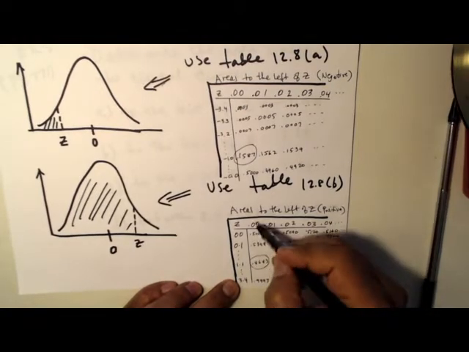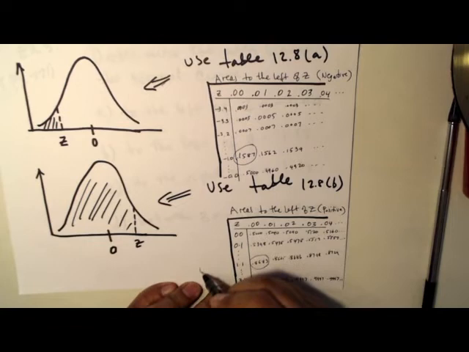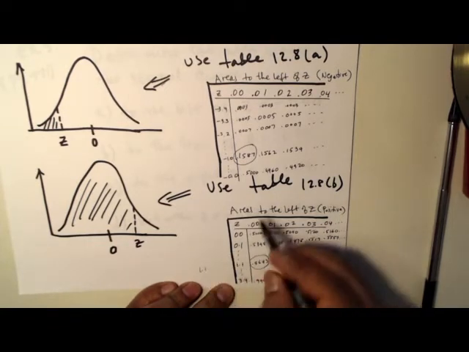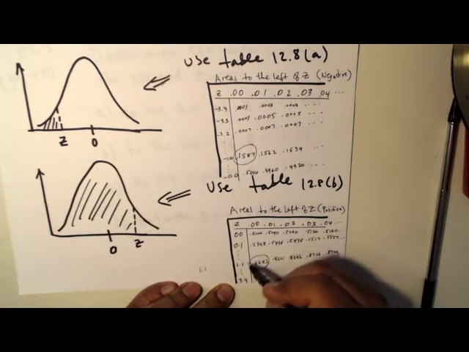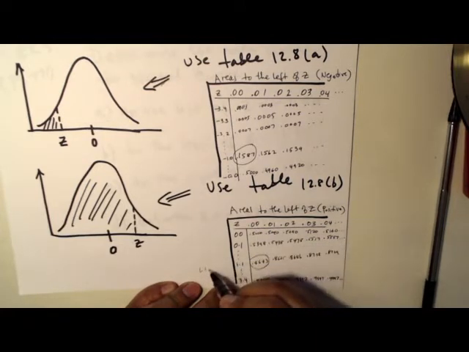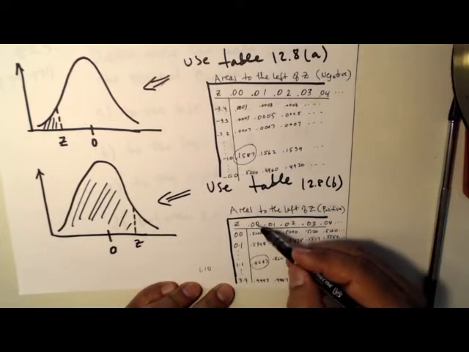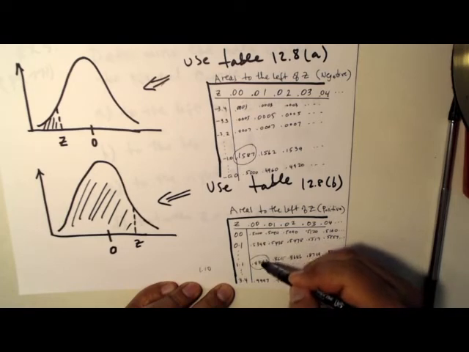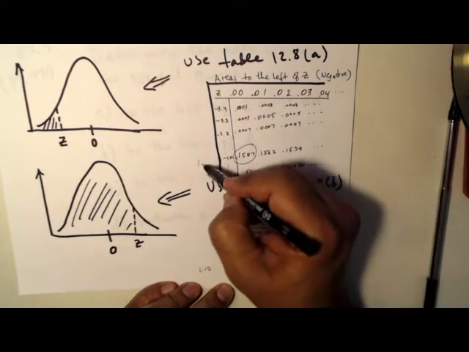If we were to select this number here, that would be 1.1, right? And then with the 0.00, which means you pick the first one, it will be this one here. And here will be 1.00.